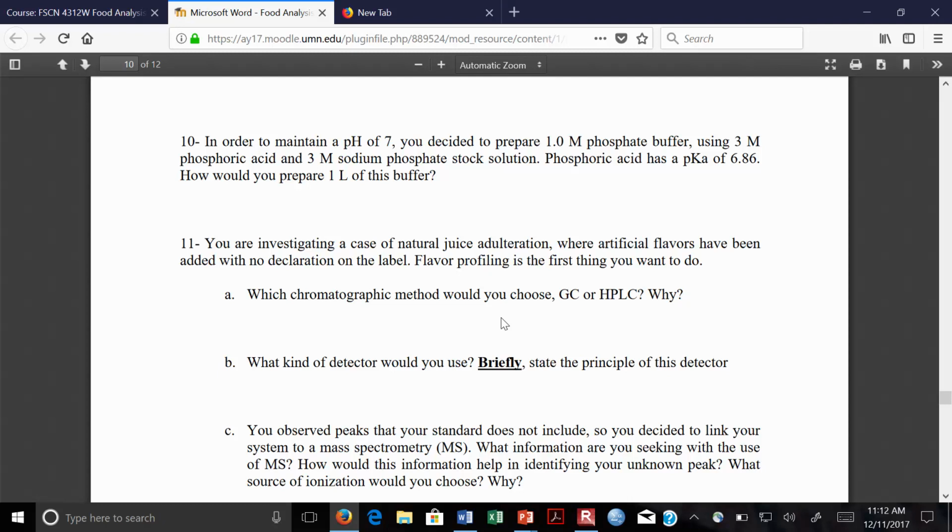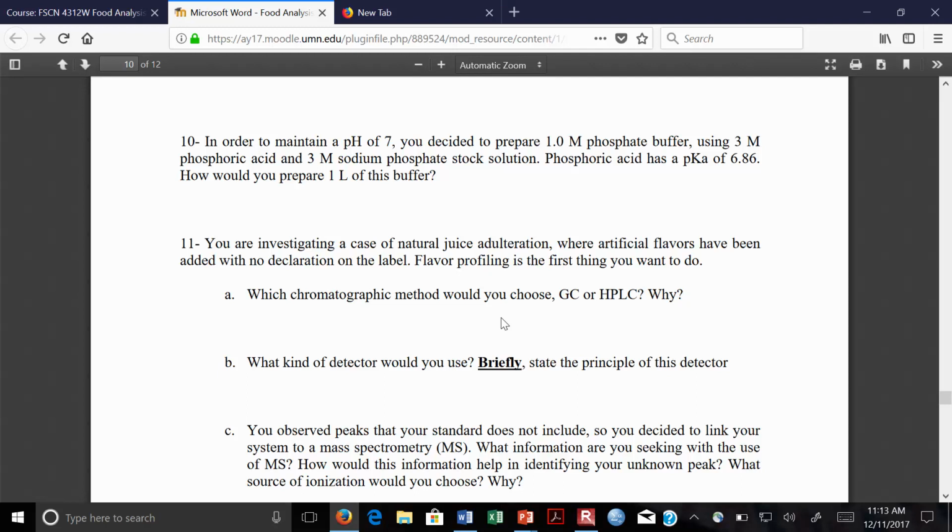Okay, so I don't have a calculator with log. So what would be, so 7 minus 6.86, so you have 0.14 equal log A minus over 1,000.